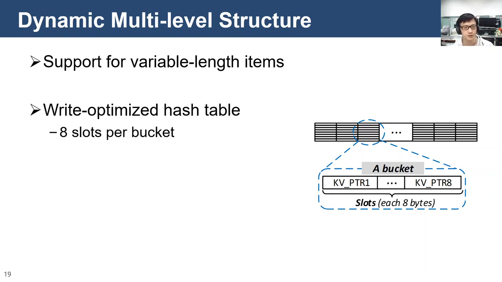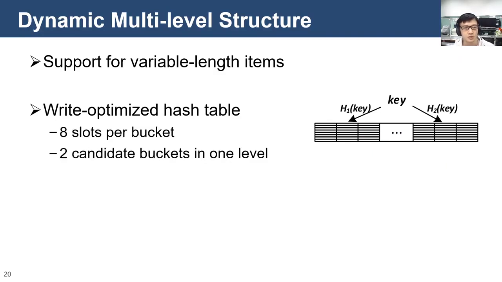First, leverage 8-slot buckets to provide multiple entries in one bucket. Since each slot stores a pointer to one key-value item, an 8-slot bucket fits in the cache line size. Hence, one cache line access is required at most to search keys in a bucket.